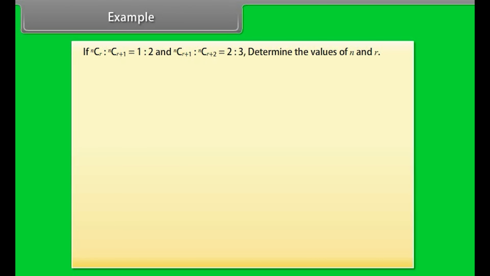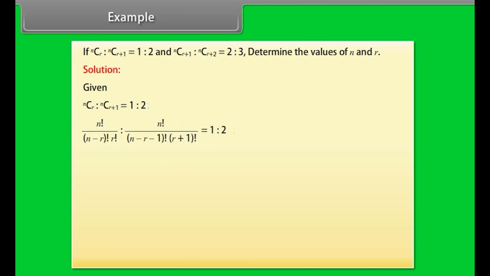Example. If nCr is to nCr plus 1 is equal to 1:2 and nCr plus 1 is to nCr plus 2 is equal to 2:3, determine the values of n and r. Solution. Given nCr is to nCr plus 1 is equal to 1:2, n factorial by n minus r factorial into r factorial is to n factorial by n minus r minus 1 factorial into r plus 1 factorial is equal to 1:2.